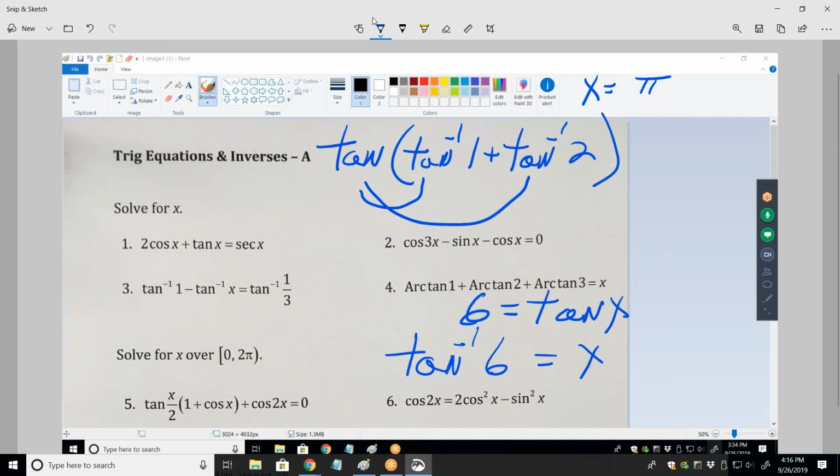So it seems like it would be equal to 1 plus 2. But we've seen two problems now where it's not. The distributive property does not work for trig functions and their inverses. That's worth knowing.